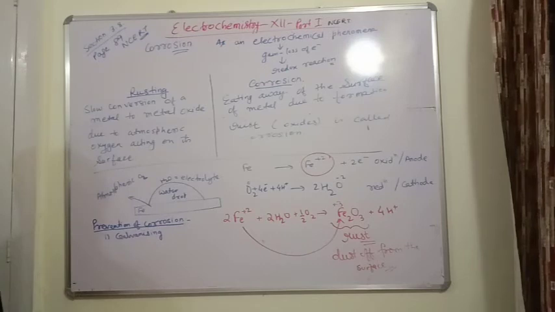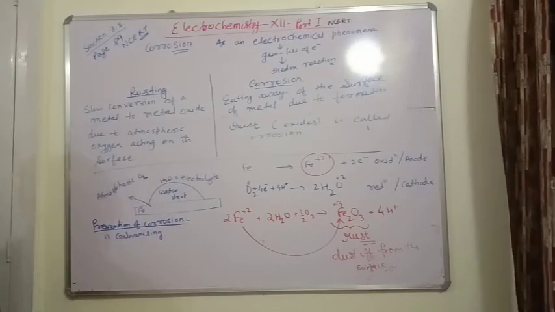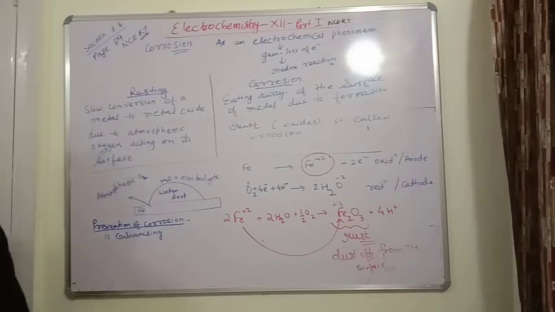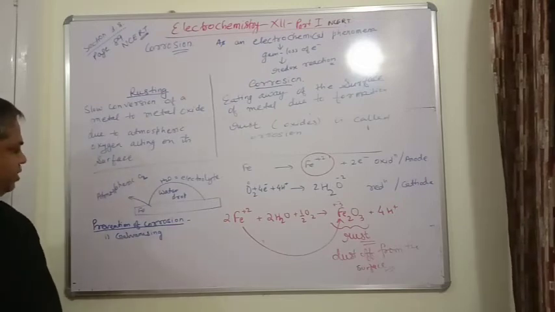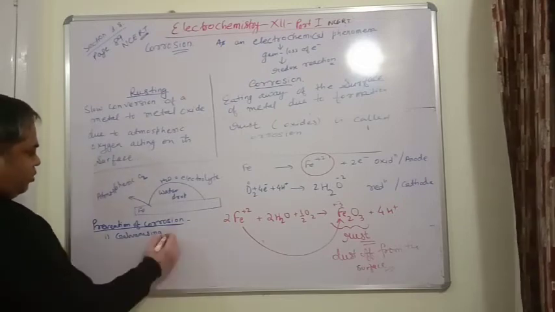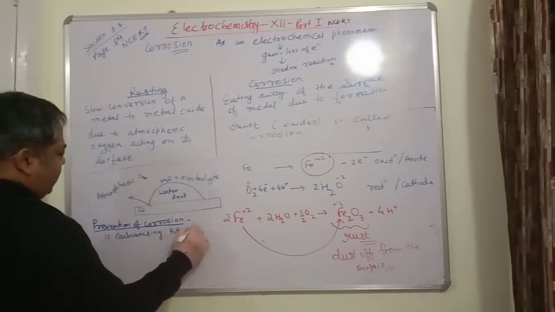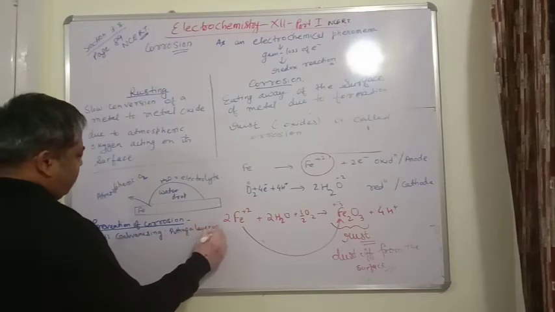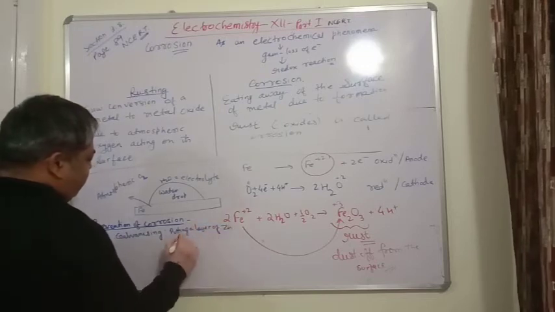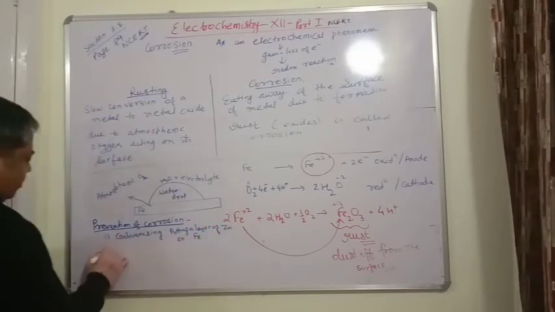Zinc being more reactive than iron, it will try to get itself corroded and will protect the surface of iron as long as it is there on the surface of iron. So galvanizing is putting a layer of zinc on iron.